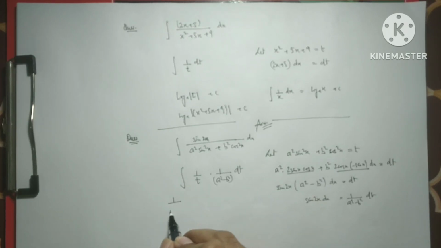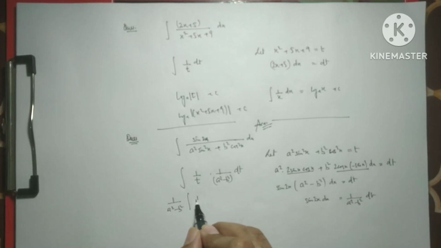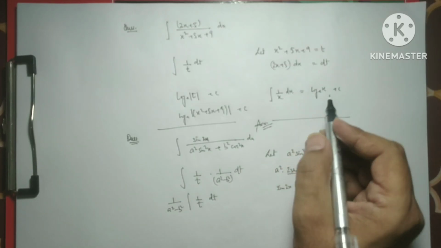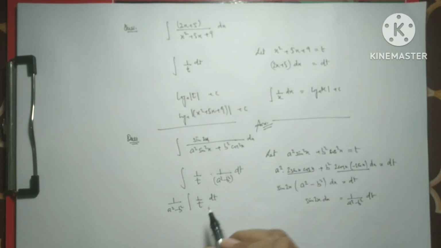So this is the constant part and this is 1 over t dt, and just like 1 over x dx is log x, similarly 1 over t dt is log t, so it is 1 over a square minus b square, and this is log of t.